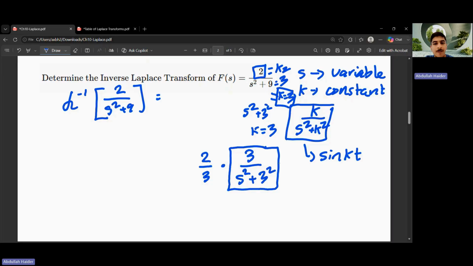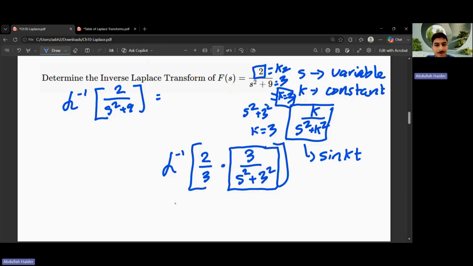3 squared is 9. But in the end, you still need to correct your answer based on what you have in the question. If I want to have a 2 here, I'll multiply this by 2 over 3. Now I will take the Laplace inverse of this.